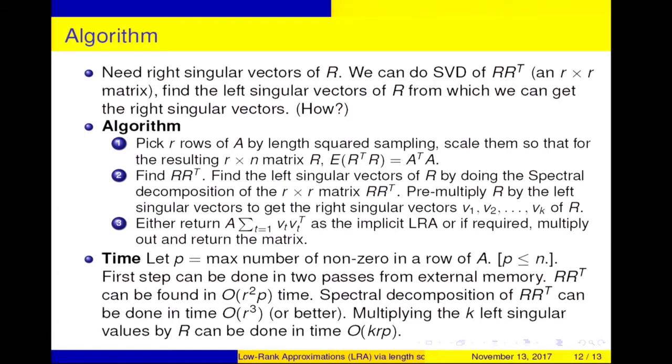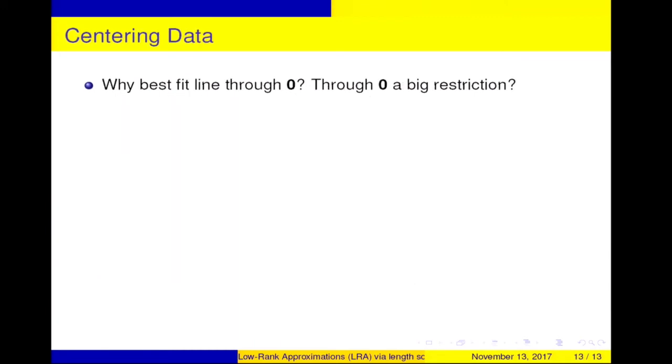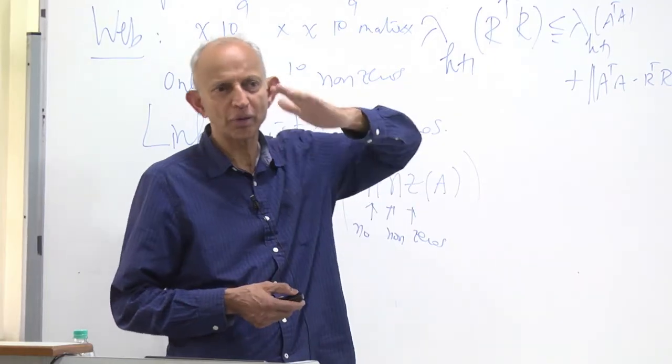That's typical. We didn't do this kind of analysis before, but it's typical of these sampling methods. Now, I want to do one more slide and then tell you something which I didn't put on the slide. I mentioned in passing earlier that SVD only finds the best fit line through the origin. Subspaces always pass through the origin.